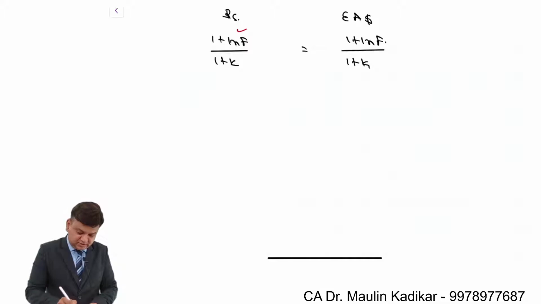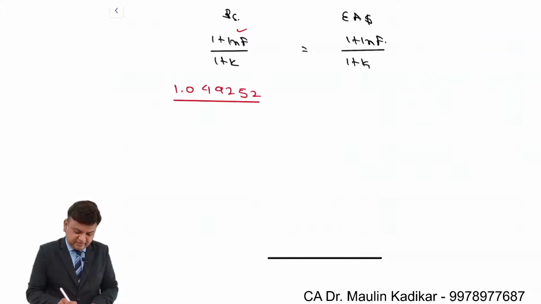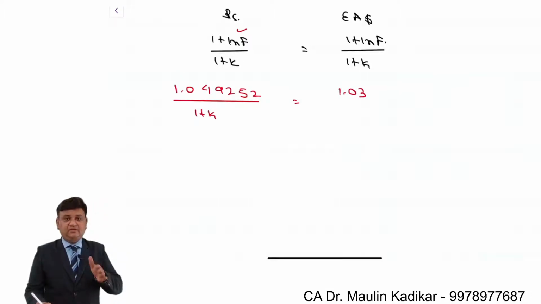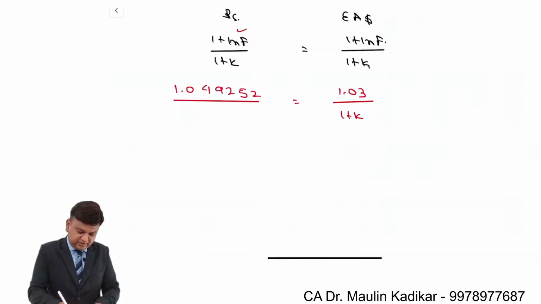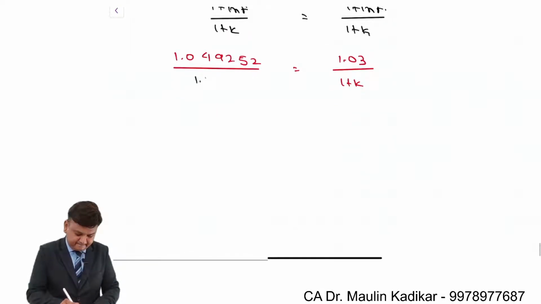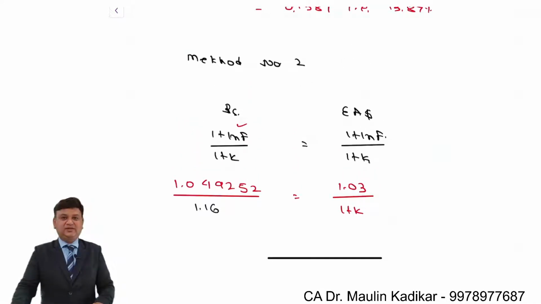So over here it is 1.049252, the inflation factor for rupee currency, divided by 1 plus k, is equal to 1.03, the inflation factor for East African dollar currency, divided by 1 plus k. This is 16%, so we can directly mention over here 1.16. Now k will be calculated as a balancing figure.